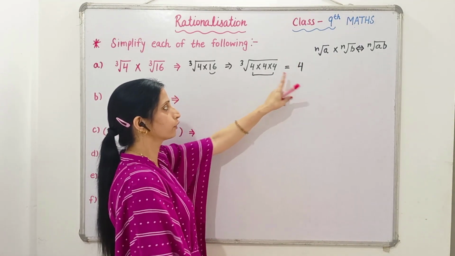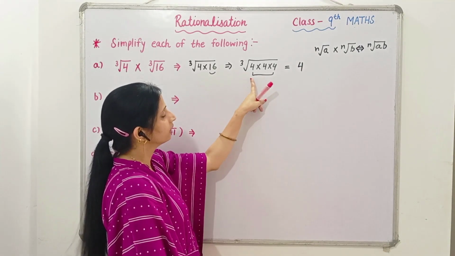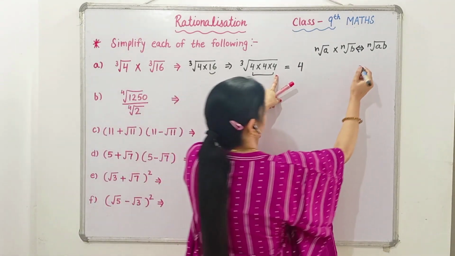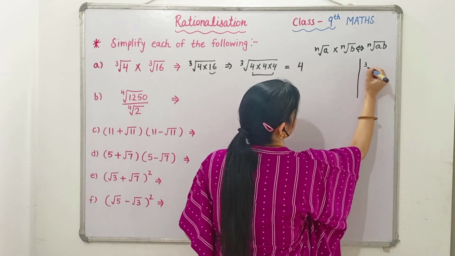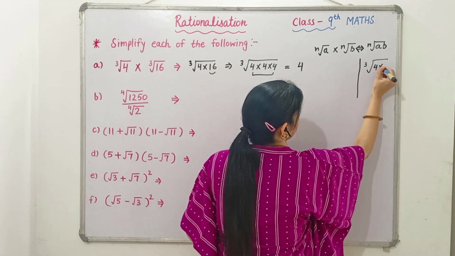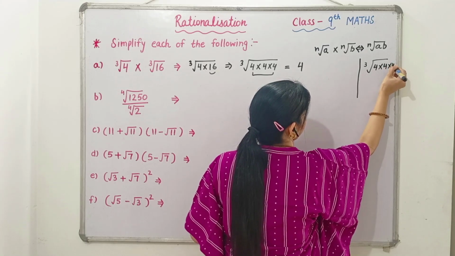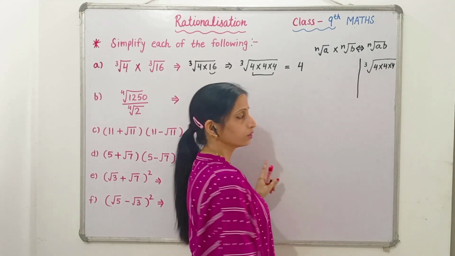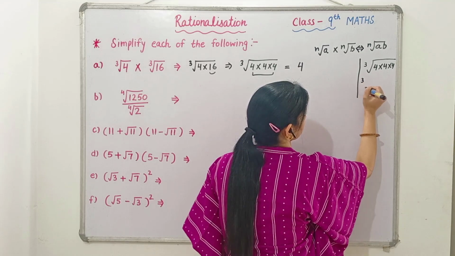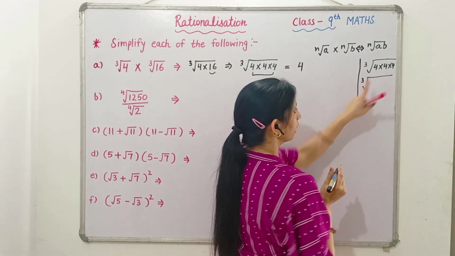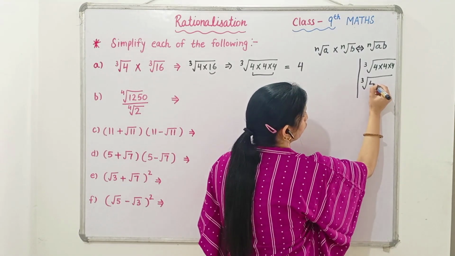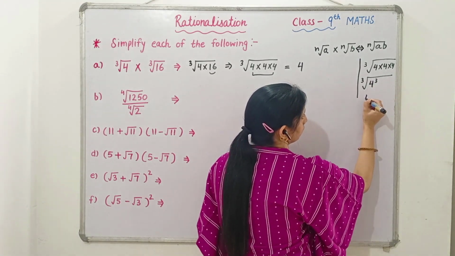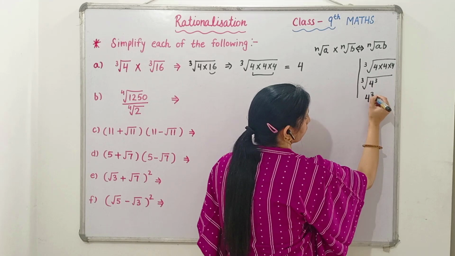Or how do we get 4? There is one more method. Here you can see that I am just doing it here. Let's write here 4 multiplied by 4 multiplied by 4. Write 3 as it is, put this symbol. Now how many times is 4 coming? 3 times. So write 4 raised to the power 3. Or if you remove this root, how can we write?